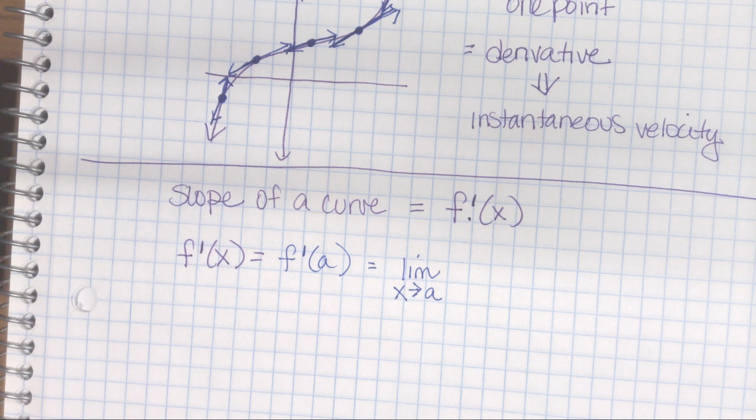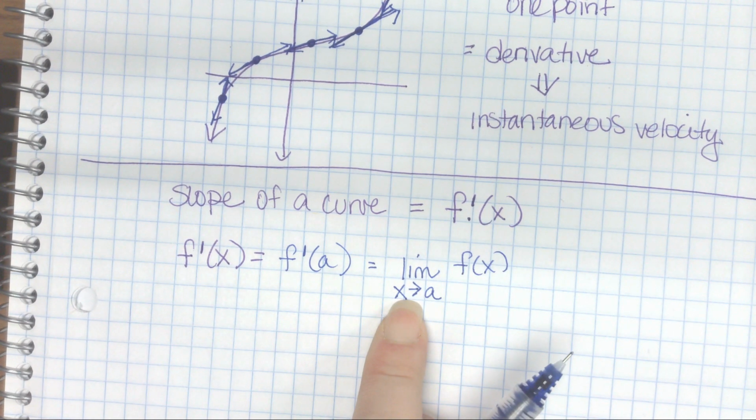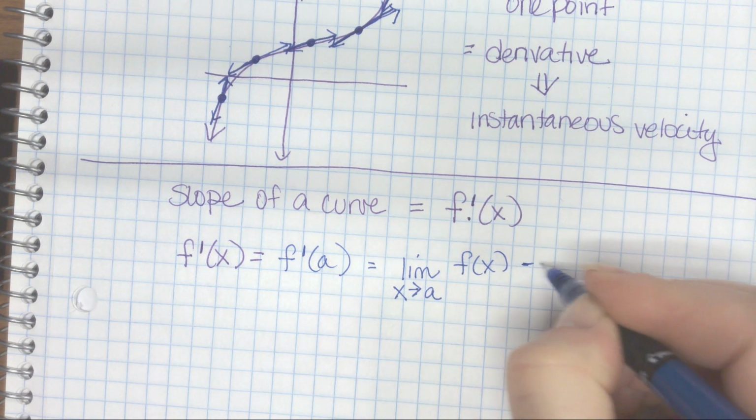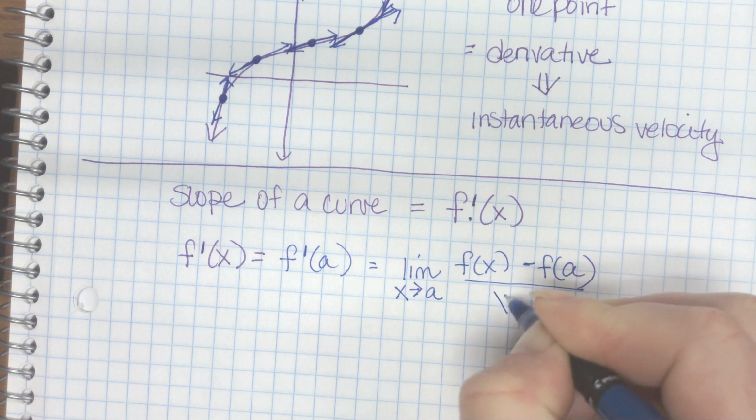Remember the slope formula was change in y's over change in x's? So the change in x is x, which is really close to A, minus f of A over x minus A.